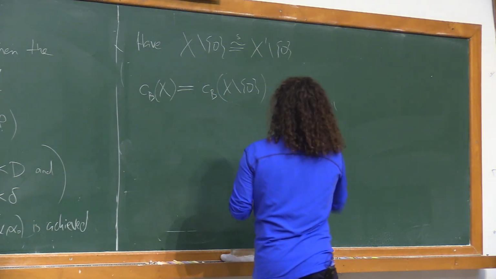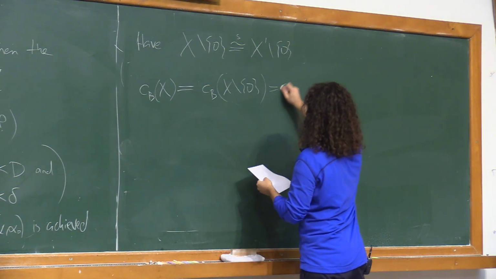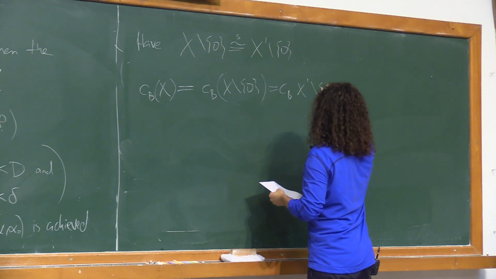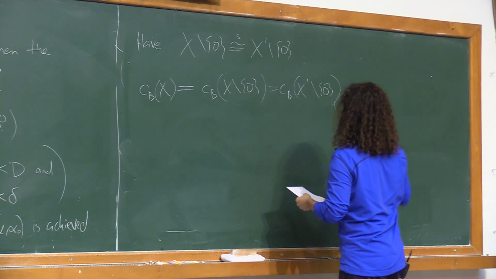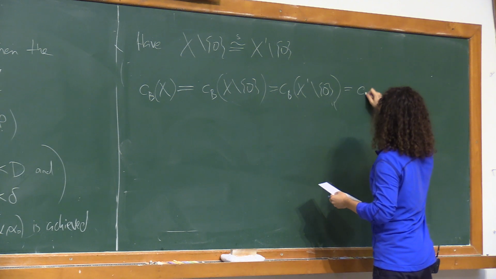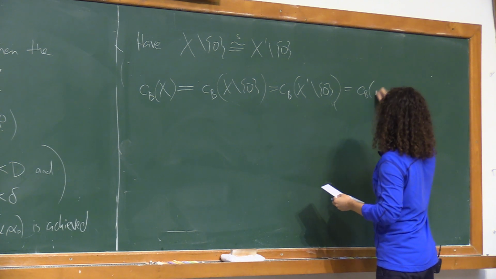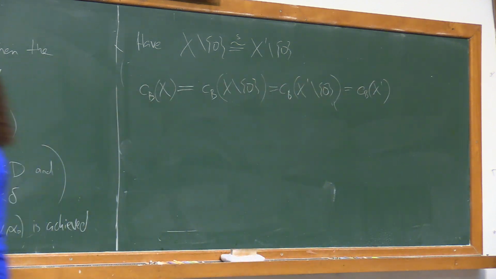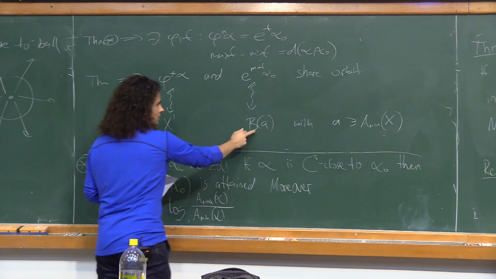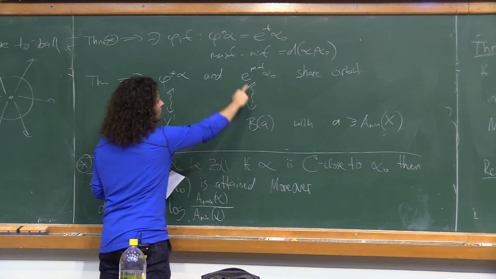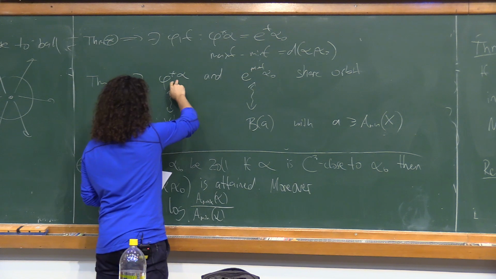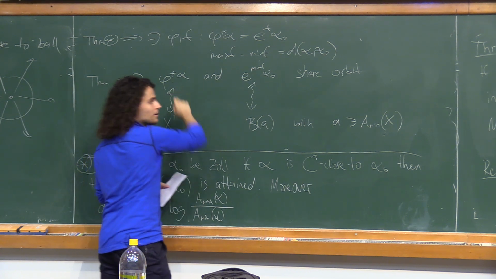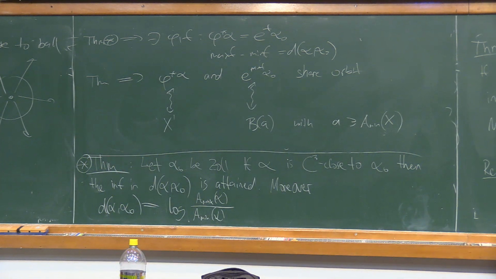So we have this. Then we have a symplectomorphism here, so that's the ball capacity of x prime minus the origin. Then the same reasoning says that's the ball capacity of x prime. But now, the x prime just straight up contained this ball because this contact form was strictly below this contact form.